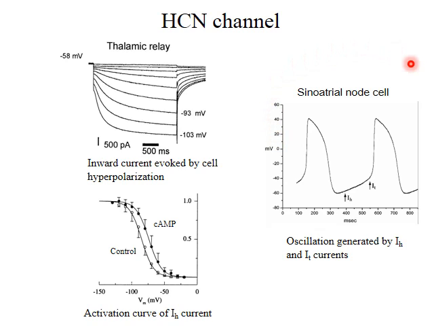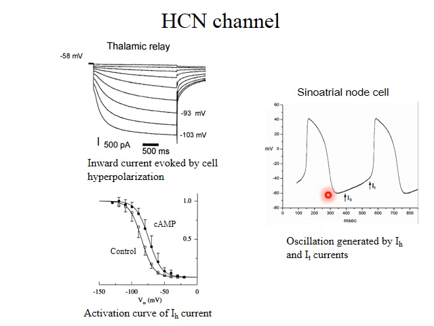The trace on the right illustrates a voltage recording from a sinoatrial node cell from the heart, and this shows that the oscillatory behavior of these cells can be generated by just two types of channels: the HCN channel, which generates the IH current, and a T-type calcium channel, which generates the IT current.